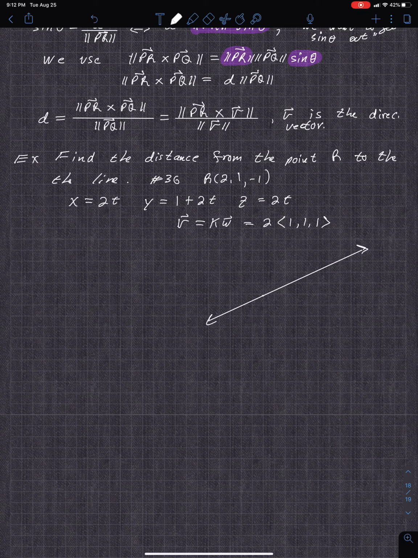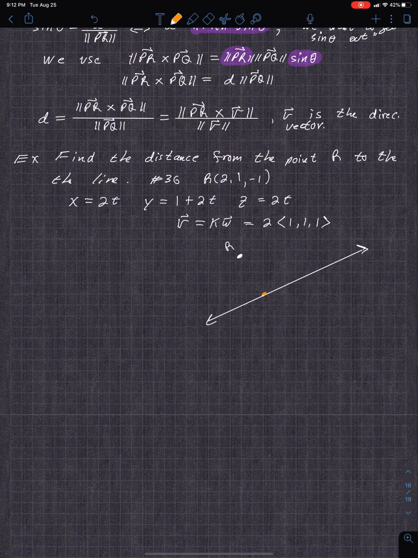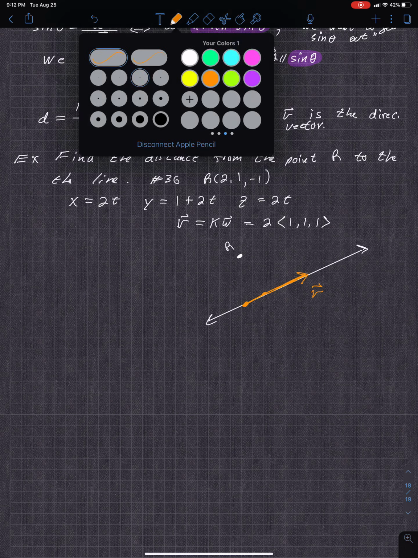So the point R is up here, somewhere. There's your point R, and I have my direction vector. Let's go ahead and change colors so you can see what I'm doing here. So I have some direction vector that's given.